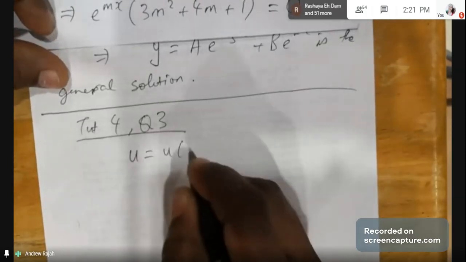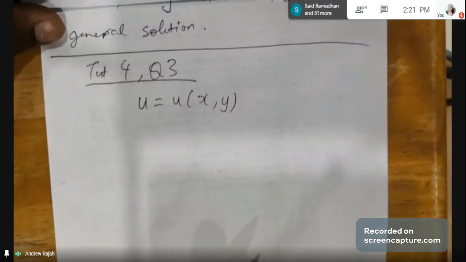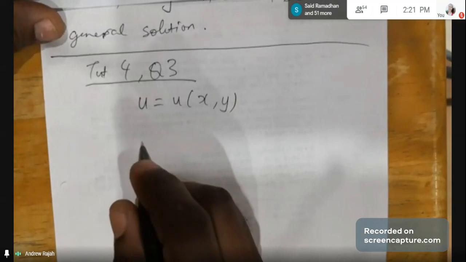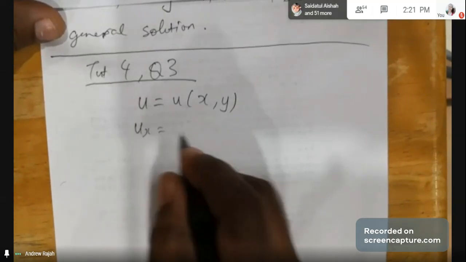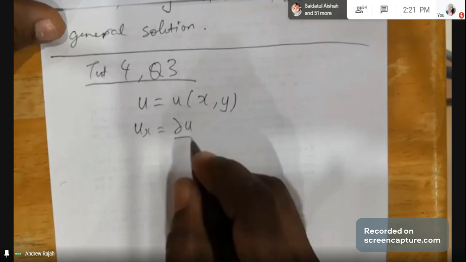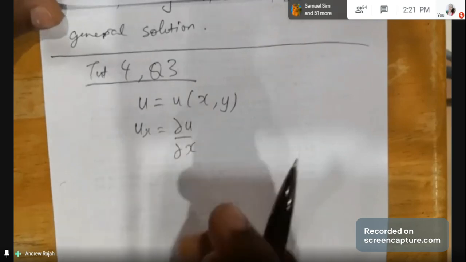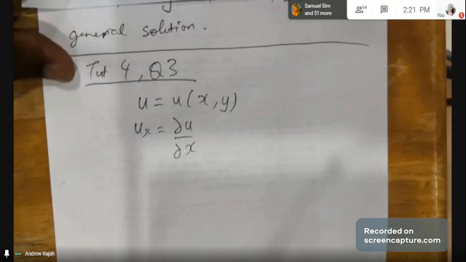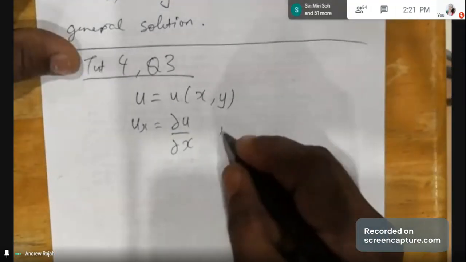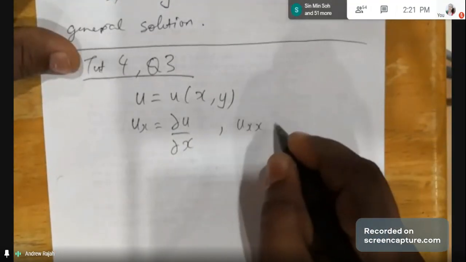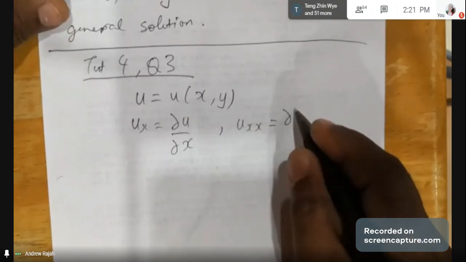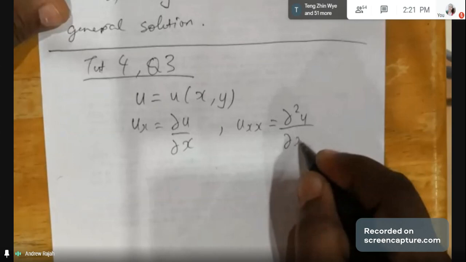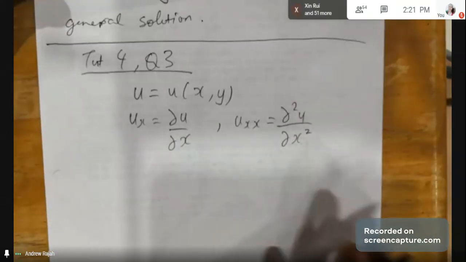This u equals u of x, y. u_x is del u del x, correct? And u_xx is equals to del squared u del x squared.